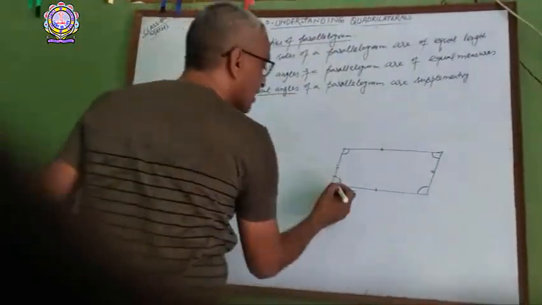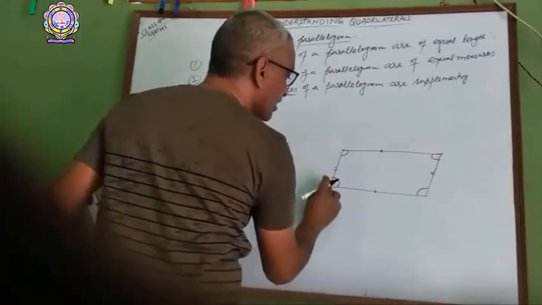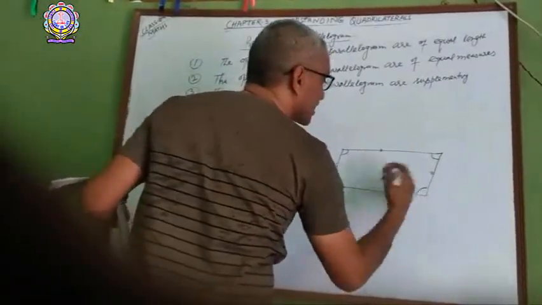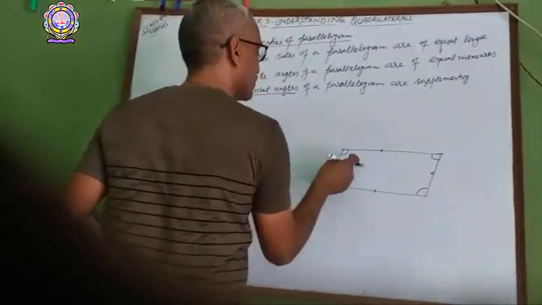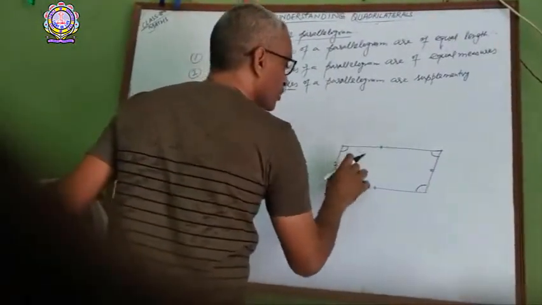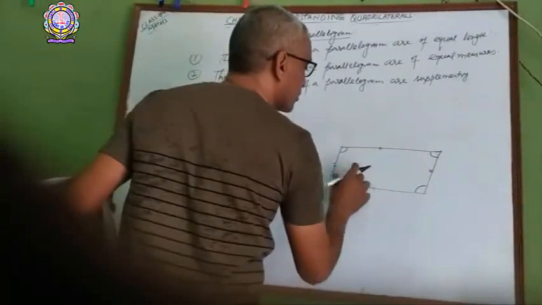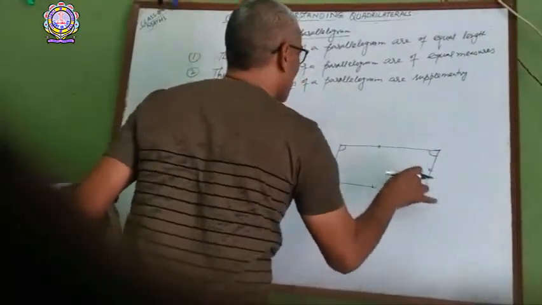Adjacent angle means the angle next to this angle or previous to this angle. The sum of these two angles must be equal to 180 degrees.